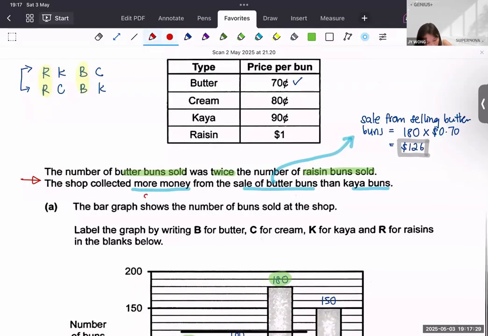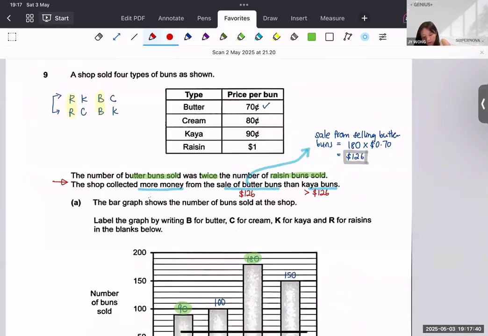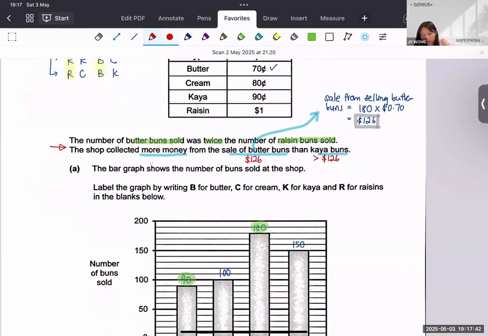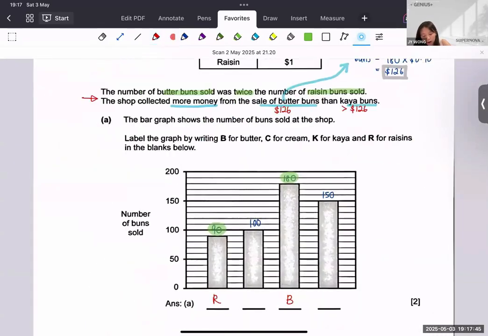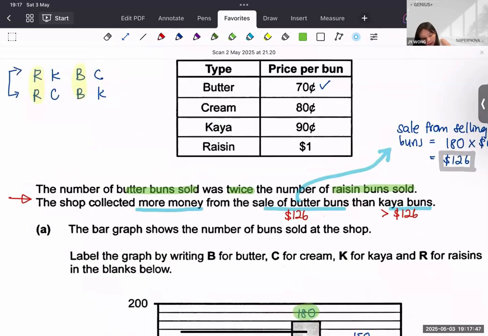Let me write it here. More money. Butter buns is 126. Kaya buns must be less than 126. So how can we find out? Now, you are only left with these 2 numbers, 100 and 150. Without calculator, you are left with kaya and cream.